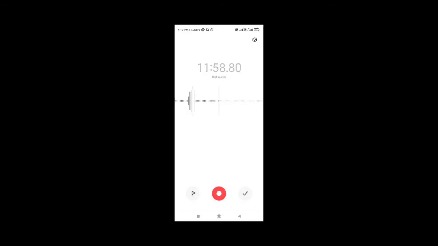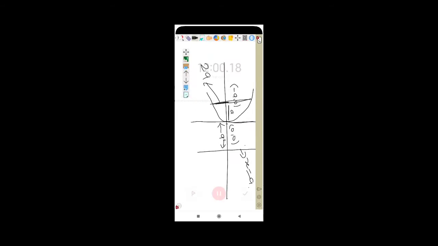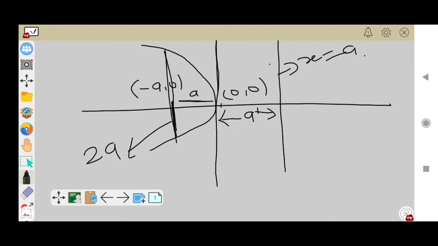Therefore this is y is equal to minus a. What will be the equation of this parabola? This parabola is x square equal to 4ay. The opening is towards positive side of y-axis. Therefore here we have written plus 4ay.